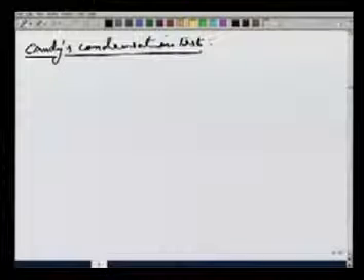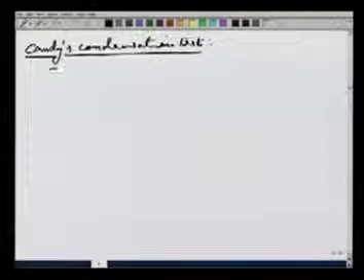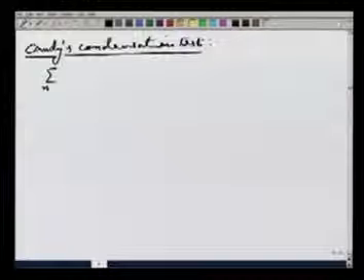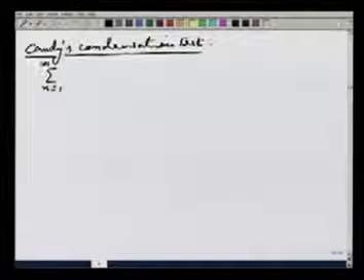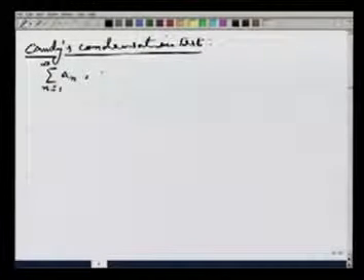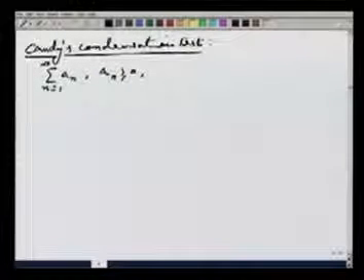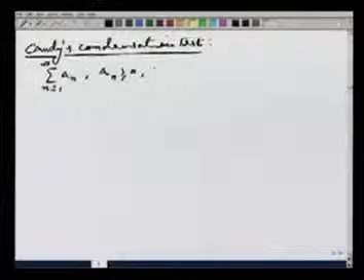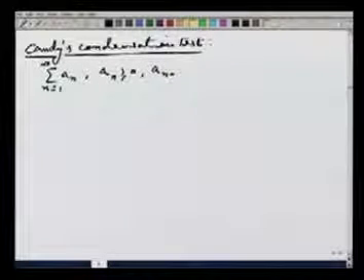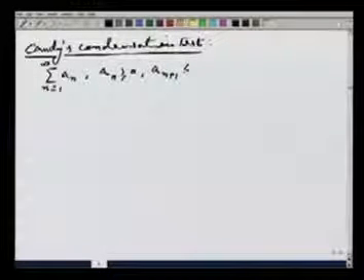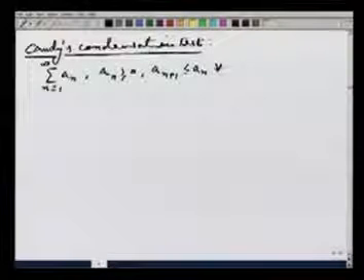Okay, so suppose I have an infinite series summation a_n where a_n is non-negative and they are decreasing, that is a_(n plus 1) is less than or equal to a_n for all n.